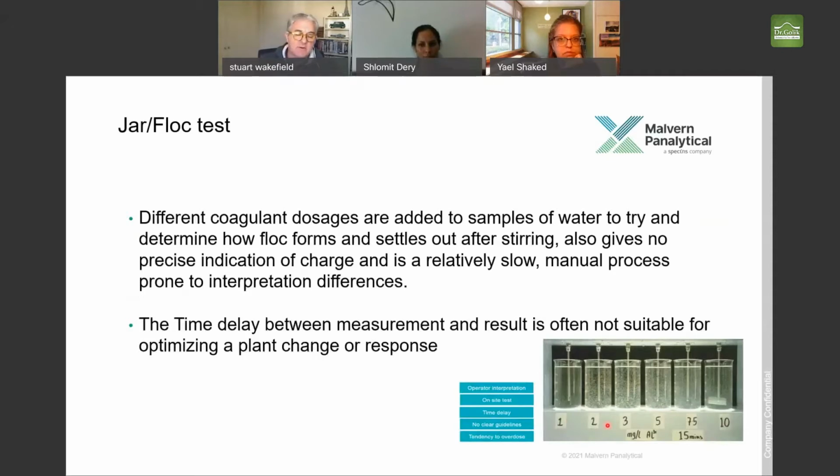And you mix this for a certain period, and then visually looking at the clarity, some people also measure the clarity as well, you then determine how many milligrams per milliliter of material is required to dose accurately. The problem is it takes a long time. It's a very manual process. And the delay between taking samples, getting the results, and acting can be quite long.